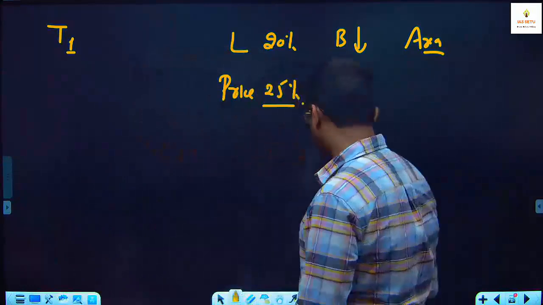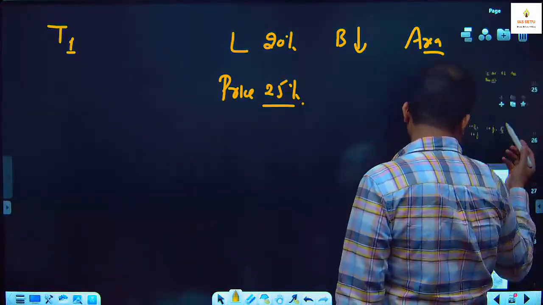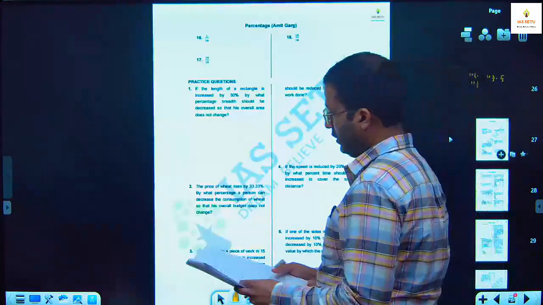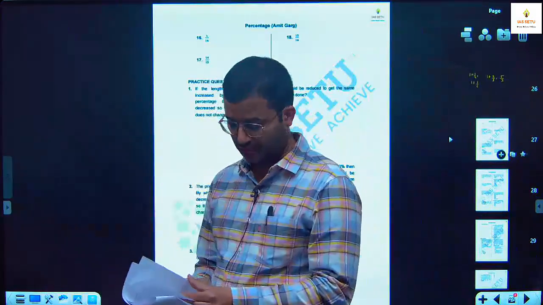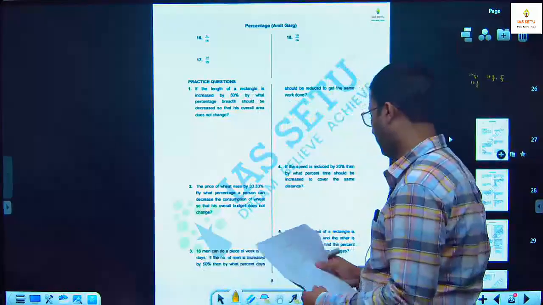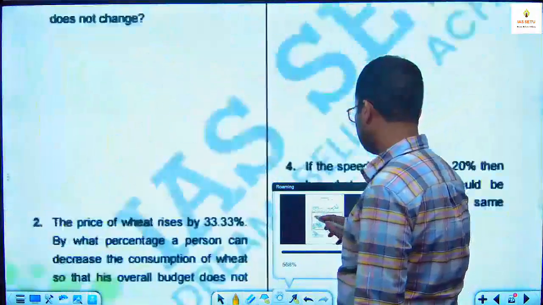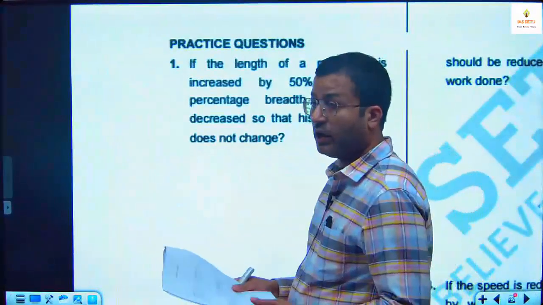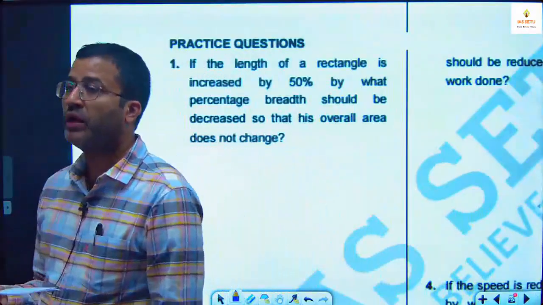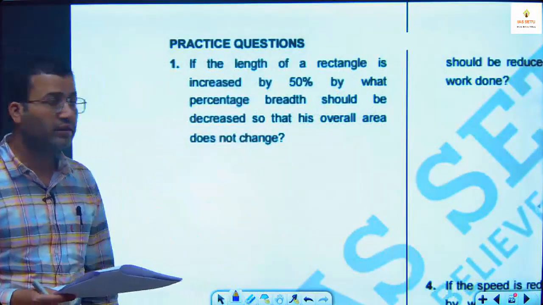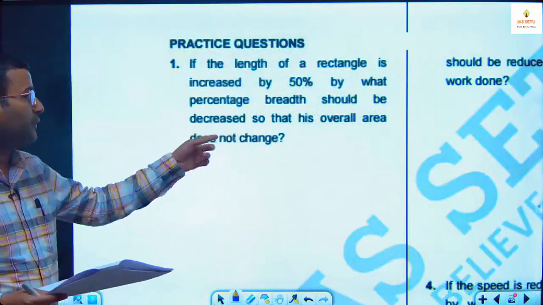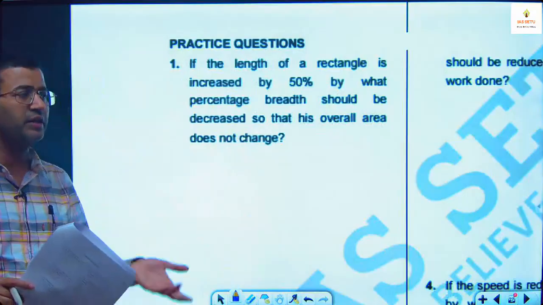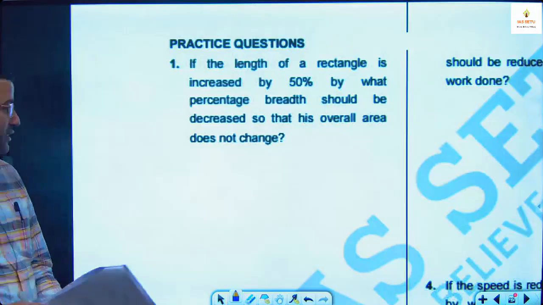Or you can see in our handout page number 8. Practice question. If the length of a rectangle is increased by 50%, by what percentage should breadth be decreased so that its overall area does not change? मतलब लेंथ 50% से बढ़ा दी तो breadth को कितने % से घटाया जाए कि एरिया सेम रहे.